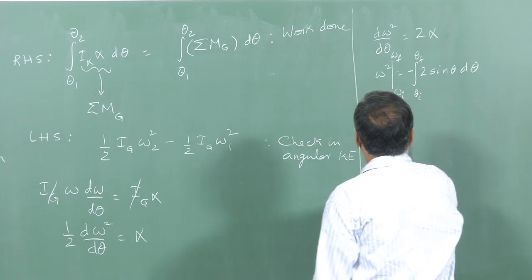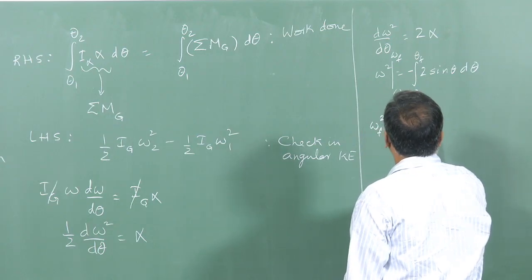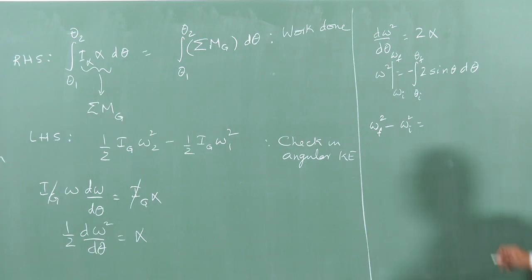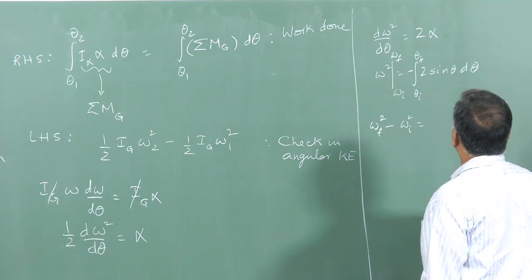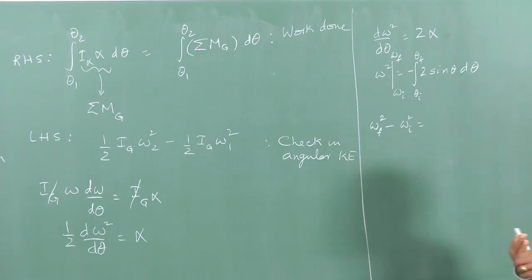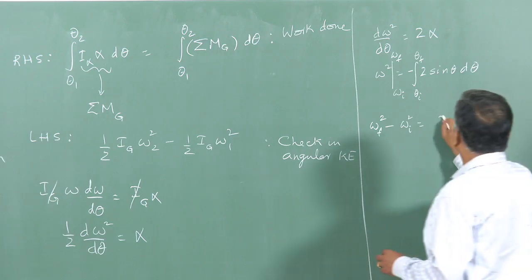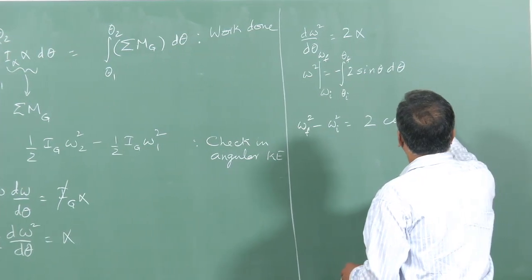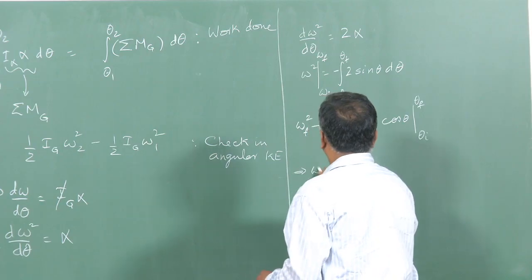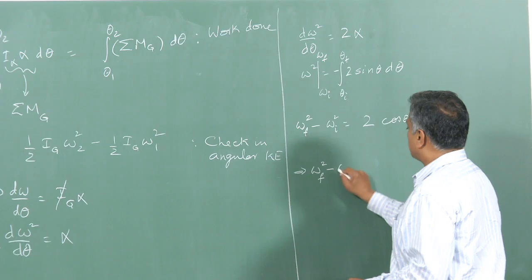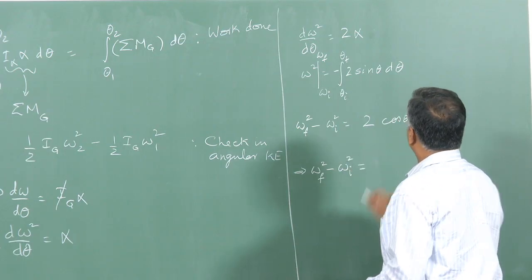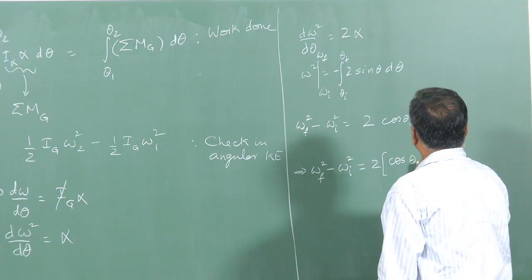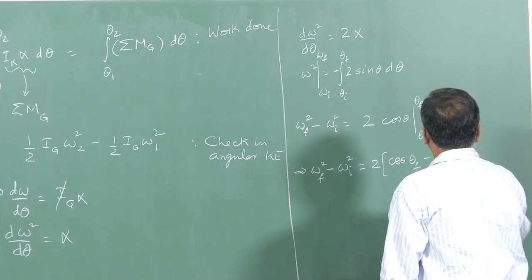So this is omega f squared minus omega I squared is equal to the integral of sin theta, which is minus cos theta. That makes this 2 cos theta, evaluated in the limits theta I and theta f. So I will write this one final time: omega f squared minus omega I squared is twice cos theta f minus cos theta I.